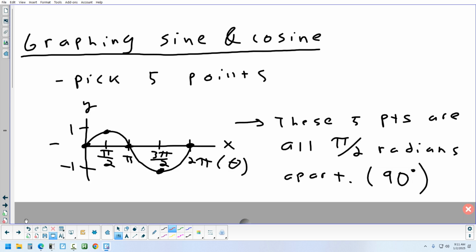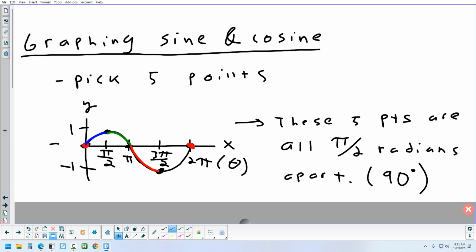Now, if you're picking 5 coordinates from here to here, that breaks your graph into 4 sections. 5 coordinates gives you 4 sections. There's 1, there's 2, there's 3, and then the last one I'll just leave in black. That's 4.